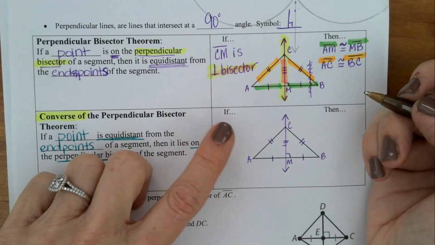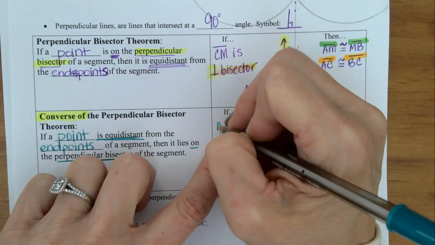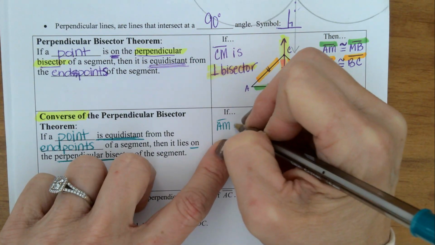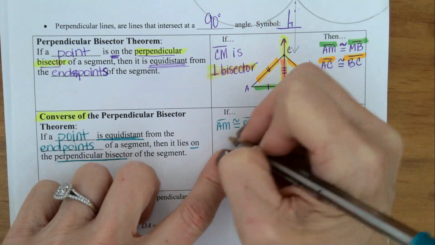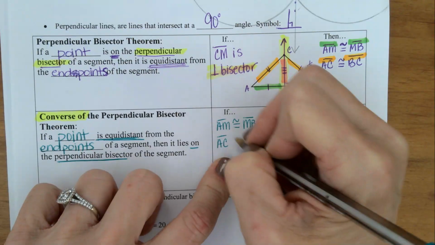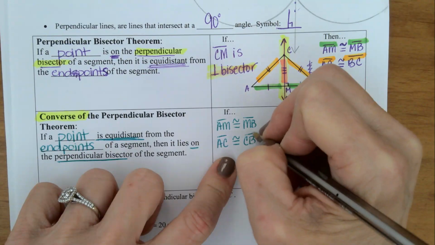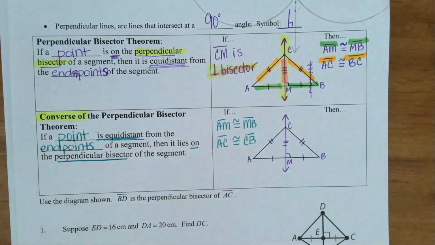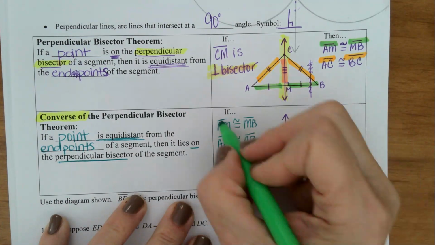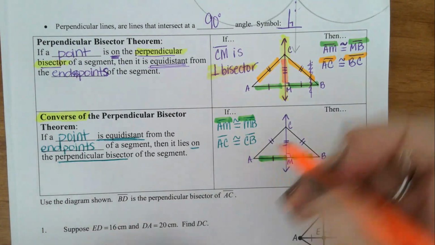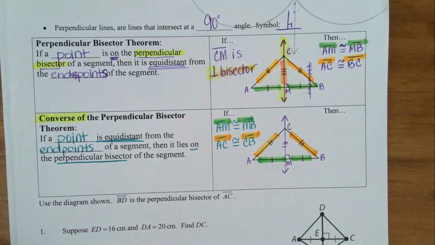Okay, so down here, what it means for you is if AM is congruent to MB and AC is congruent to CB, so if the green parts are congruent to each other and the orange parts are congruent to each other, then what?